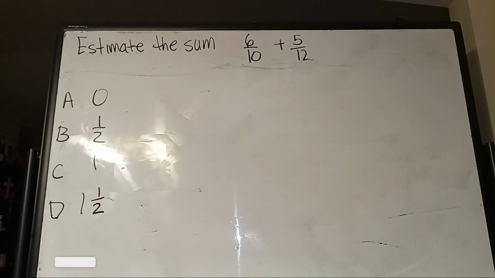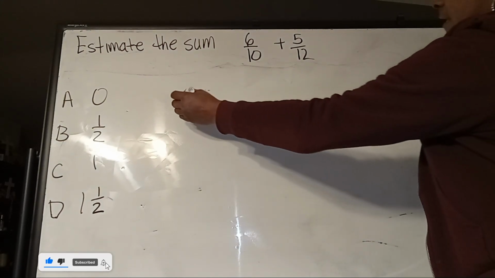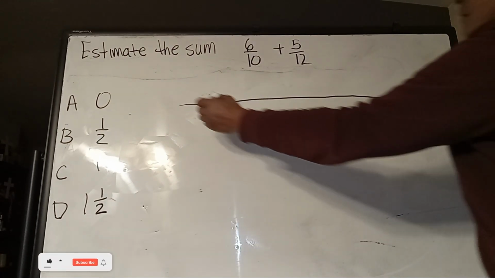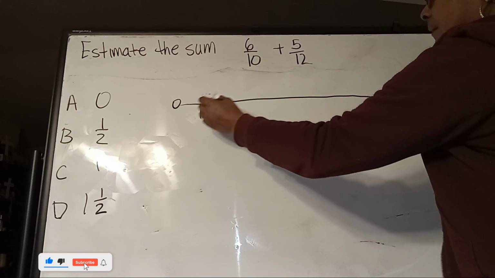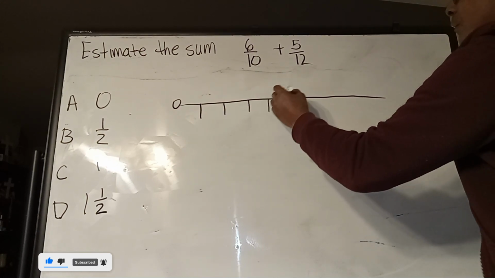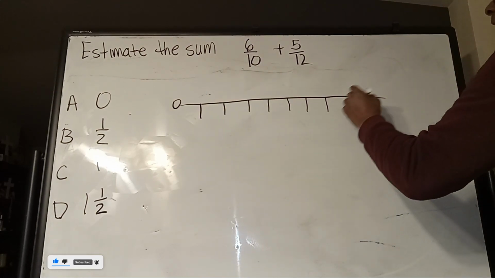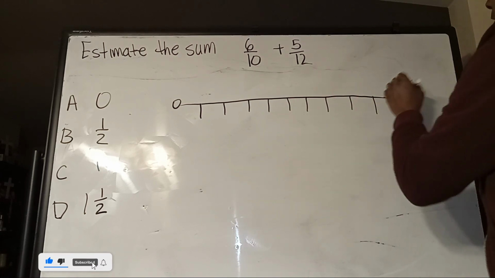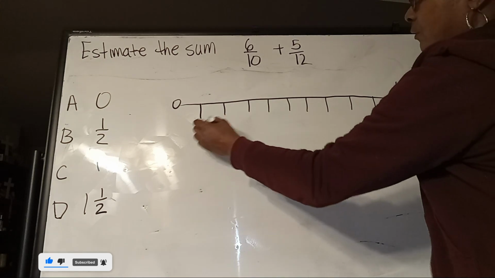All right, so the first one we're going to take is the 6 over 10. And we're going to make a number line for that. What are we cutting this line up into? 10. Exactly. So we start out with a 0. We cut up 1, 2, 3, 4, 5, 6, 7, 8, 9, 10. For our whole one, we label all of those.